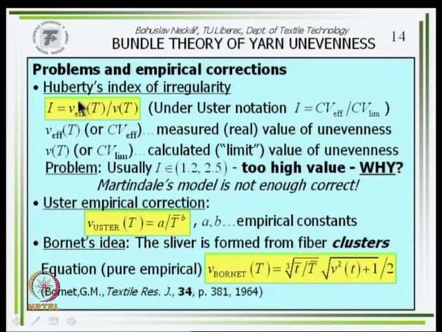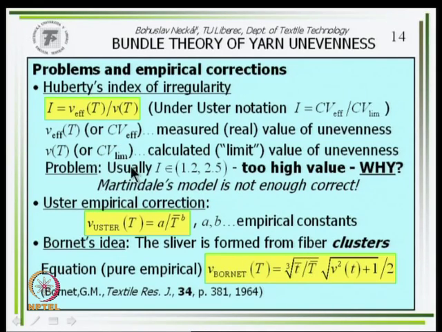One is the practical, measured value of unevenness, which I call effective. The second is the theoretical value which we derived. We can create a ratio of real, measured, to calculated. It is known under the term Hubert's index of irregularity, according to Hubert, the name of the author. In Uster material from this company, they call it CVF or CV-lim.